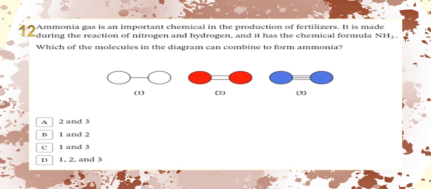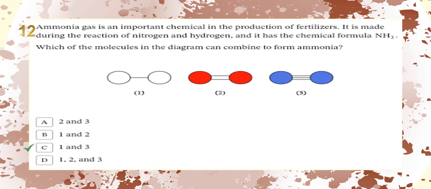We have the first one here, single, double, triple. Which kind of bond is in hydrogen? A monovalent or single covalent bond. And here, this represents N2, so the reaction will be between 1 and 3.